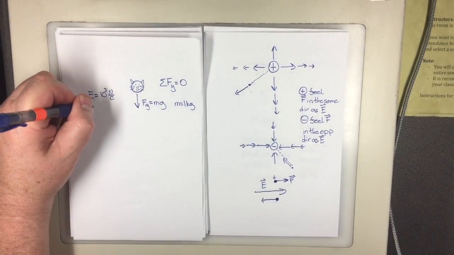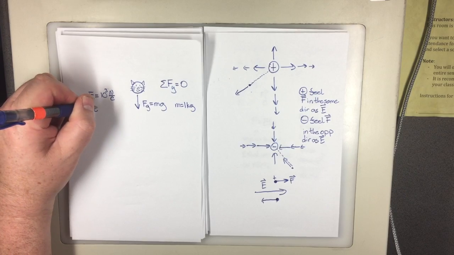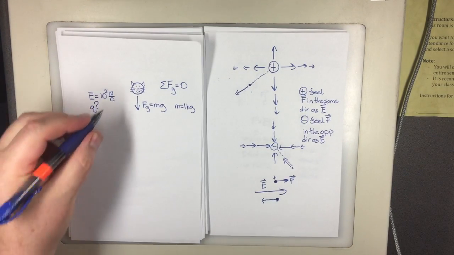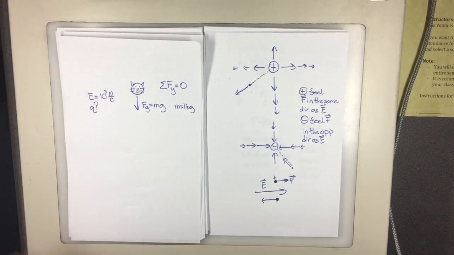What I want to know is, what is the charge? And the charge could be positive or negative. What's the charge that the cat has to have in order for this cat to levitate?